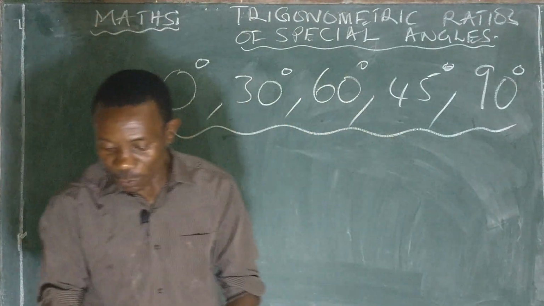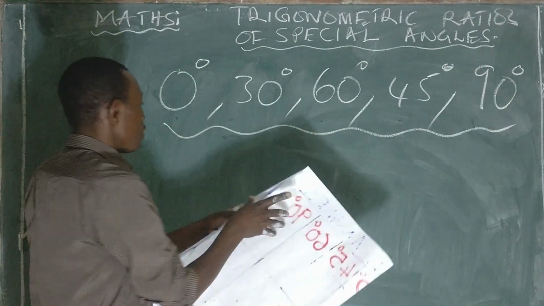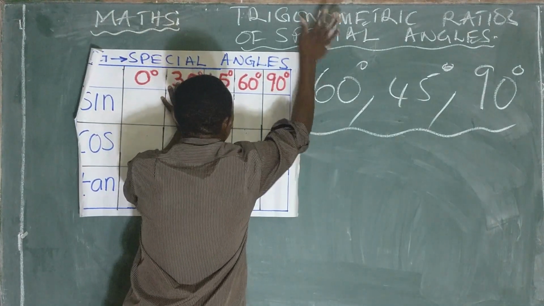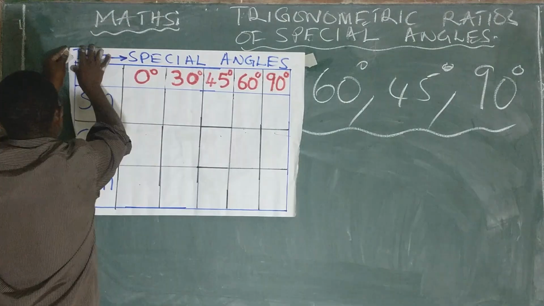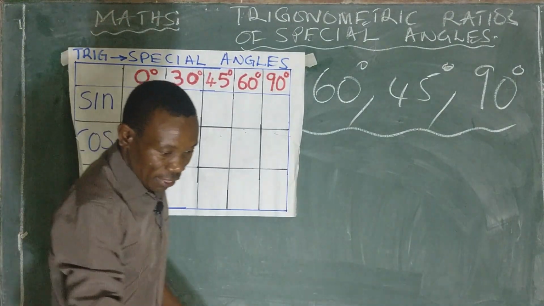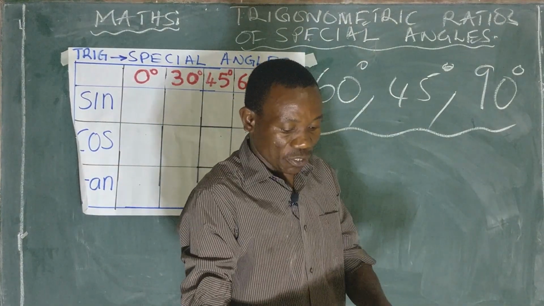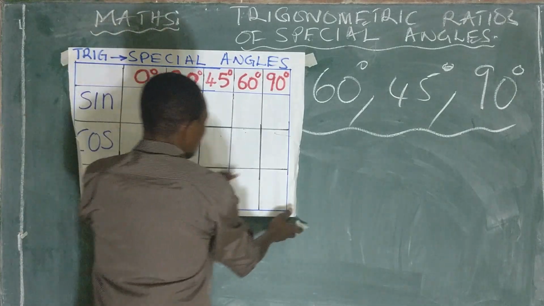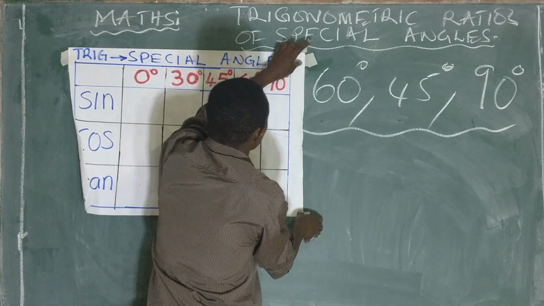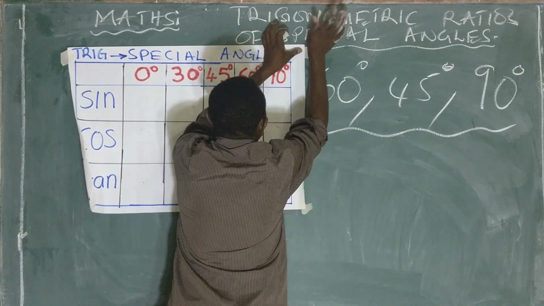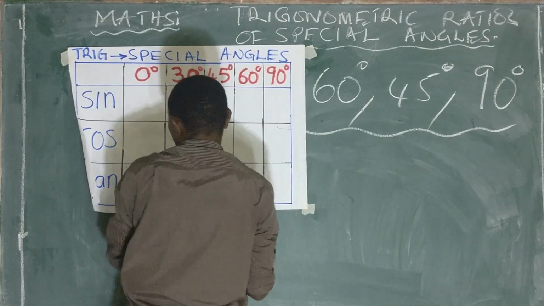So the table that we have here is this one. Look at this. The ratios remain the same: sine, cos, tan. Once we have derived these ratios, we are going to fill the table like this.